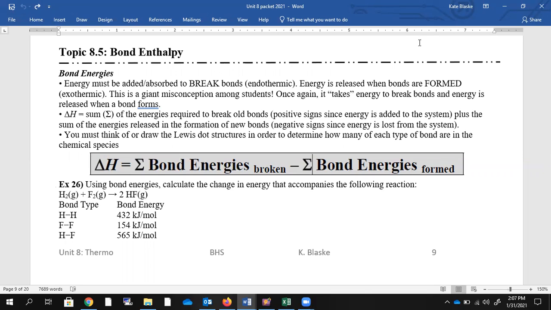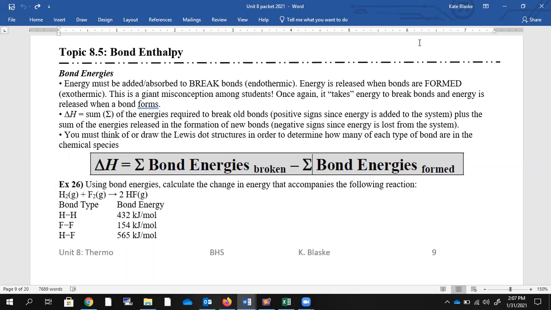Another way that we can find the enthalpy of a reaction is if we know how much energy is stored up in the bonds of each of the chemicals in our reactants and our products. So to find the enthalpy of reaction using bond energies, we take the bond energies of the bonds that are broken minus the energy of the bonds that are formed.